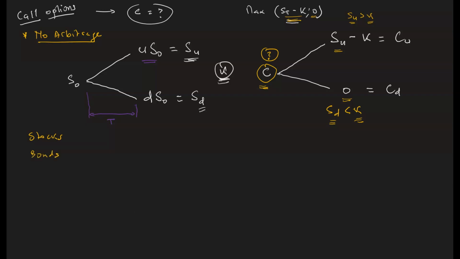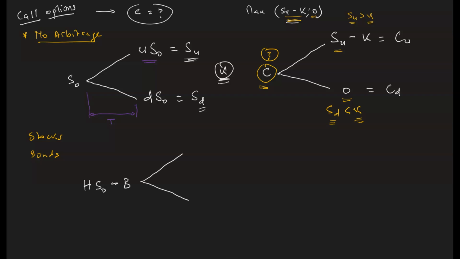So the question is, can we create a portfolio that has H stocks and some bonds? Let's put a minus sign here, and some bonds, so that the future value of this portfolio, now we have H stocks. What does that mean?